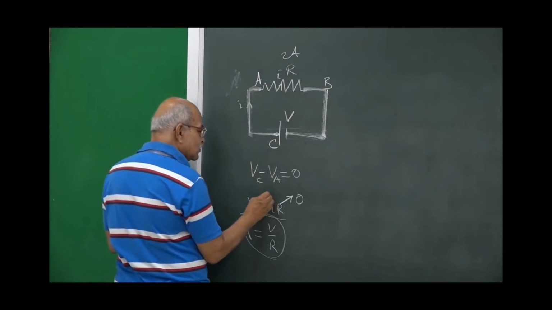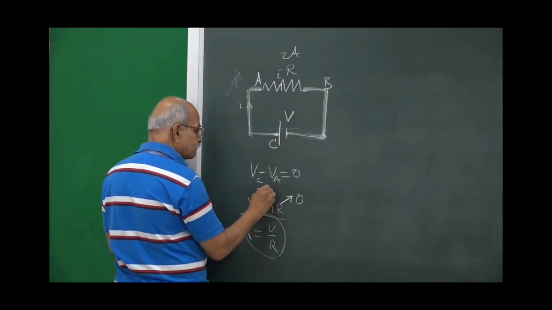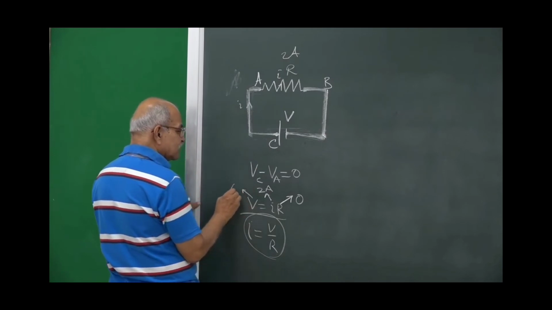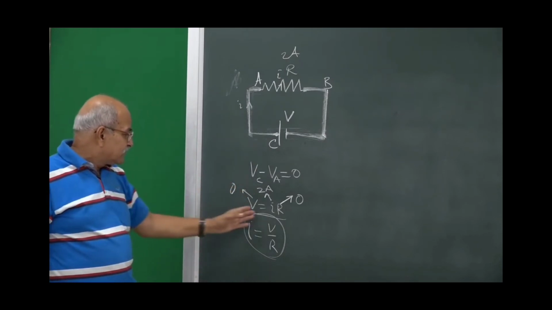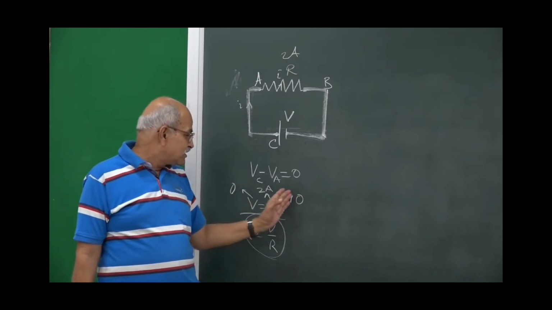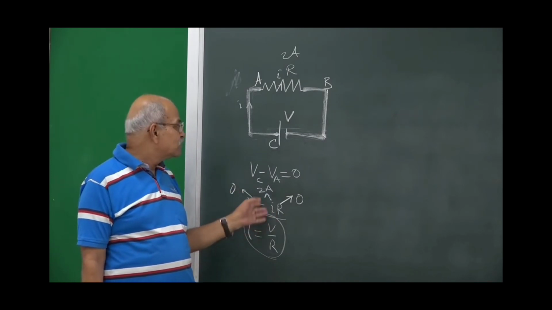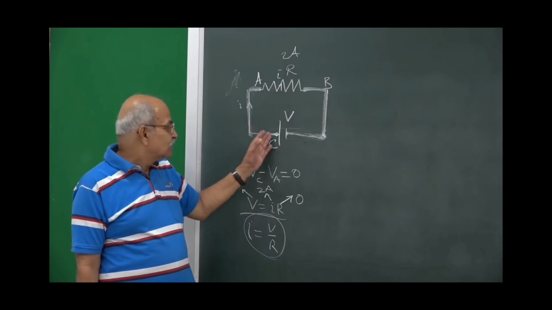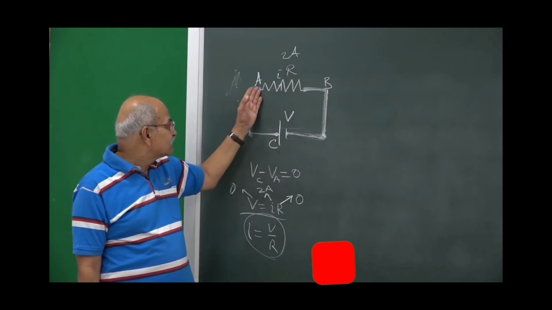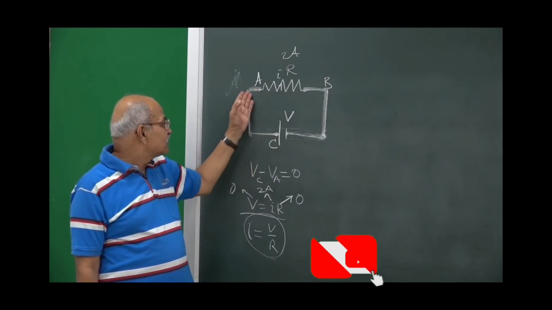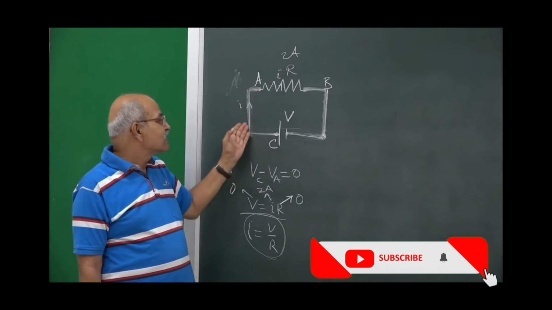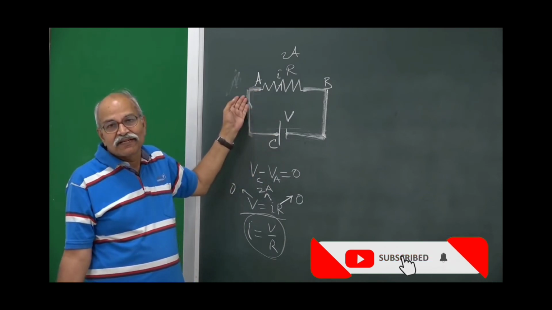So this I is 2 ampere and the potential difference is 0, perfect, no problem. 2 ampere multiplied by 0 will give you 0. So V equal to IR, Ohm's law is perfectly followed here. Your resistance is 0 here, the potential difference is 0 here, and there is a current of 2 ampere, perfectly all right.